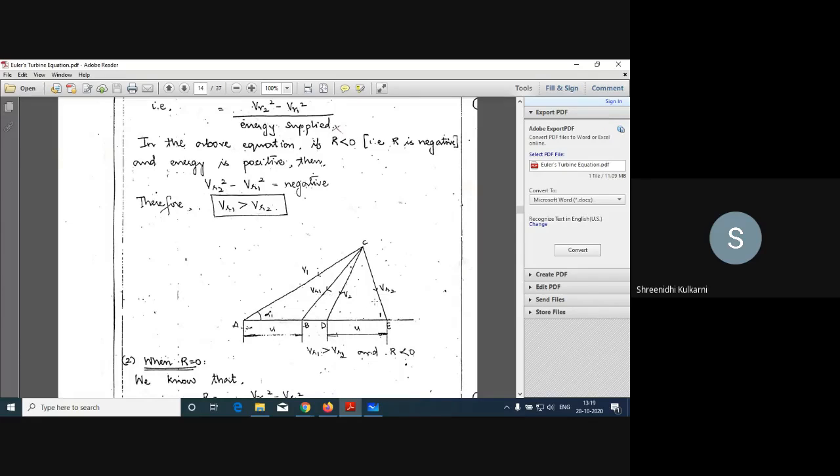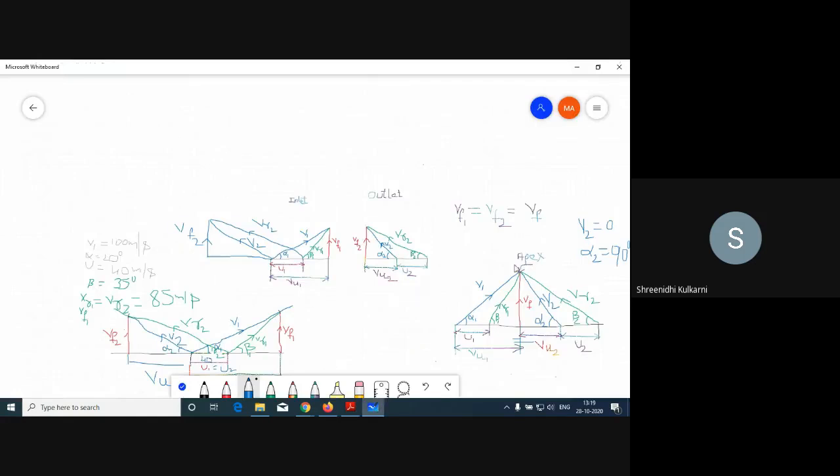You just see this and this, like this, and at the center we will get VF, but I have not shown VF here. So this is the velocity triangle. That's how I explained drawing the velocity triangle using the common apex as well as the common base.